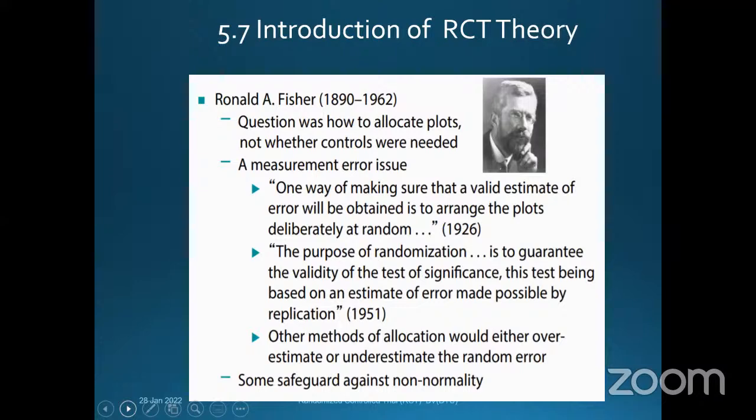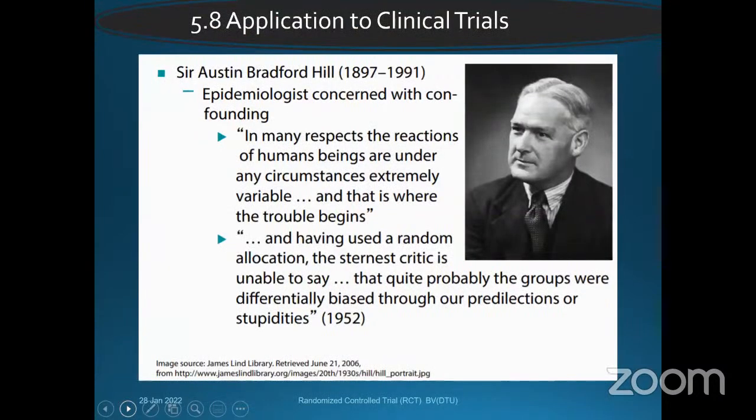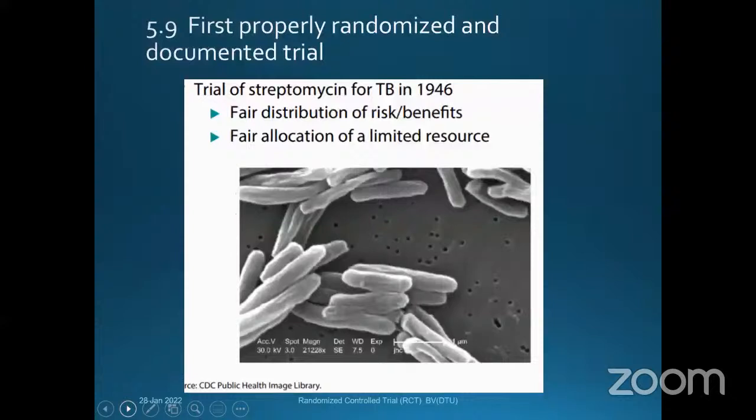And Bradford Hill, the epidemiologist, said that in aspects, the reactions of human beings are under any circumstances extremely variable, and that is where the trouble begins. And having used a random allocation, the sternest critic is unable to say that quite probably the groups were differently biased through our predictions or stupidities. So random allocation is a very important process.